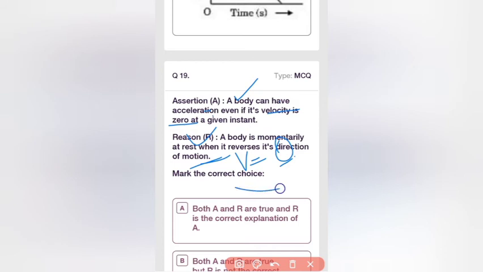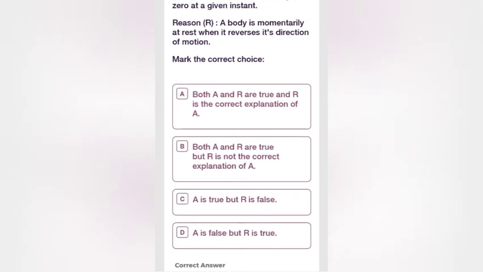Because when a body is momentarily at rest, when it reverses its direction of motion, at that particular point of time, there will be acceleration, but velocity is 0. So both are correct. Option A is the correct answer. Both assertion and reason are true, and reason is correct explanation of assertion.